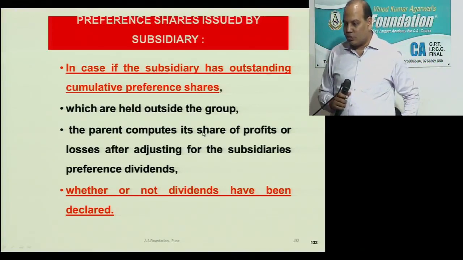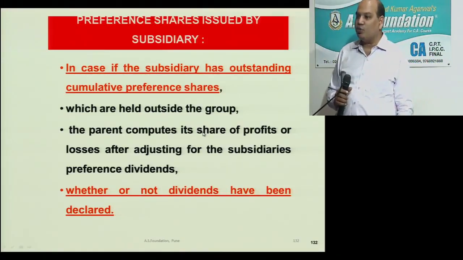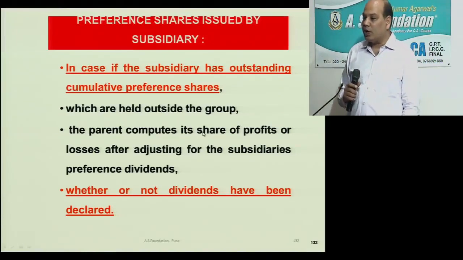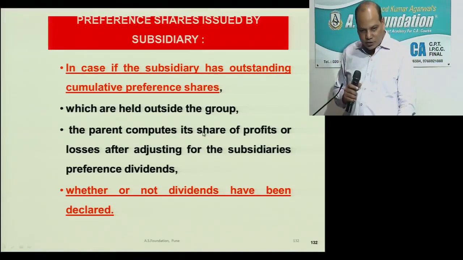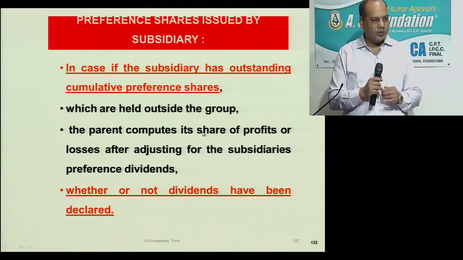So why not provide for that liability which has accrued? Hence, even though in the separate financial statement you may not provide, in the consolidated financial statement you will provide for arrears of preference dividend. Is it right? Thereafter compute the profit of the subsidiary, and thereafter you apportion it between parent and minority.